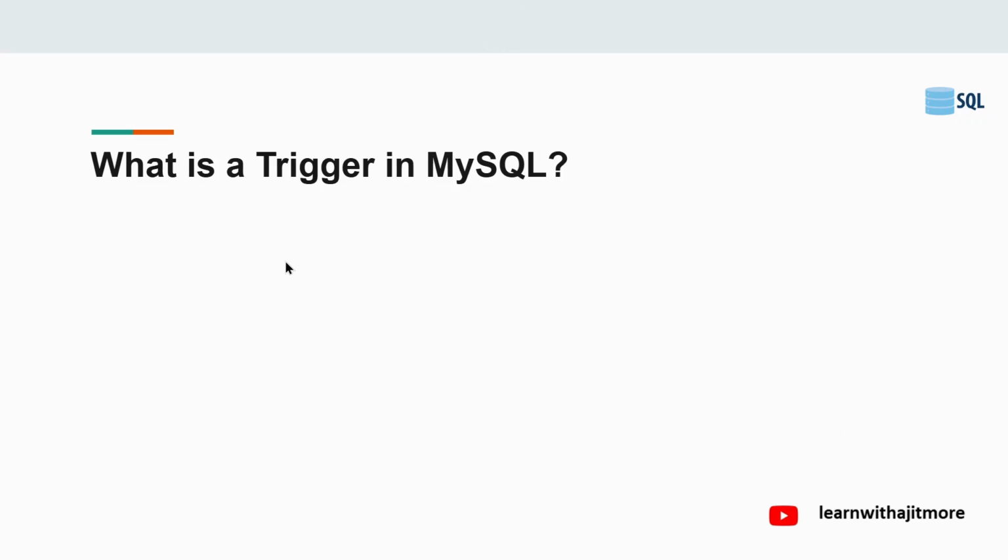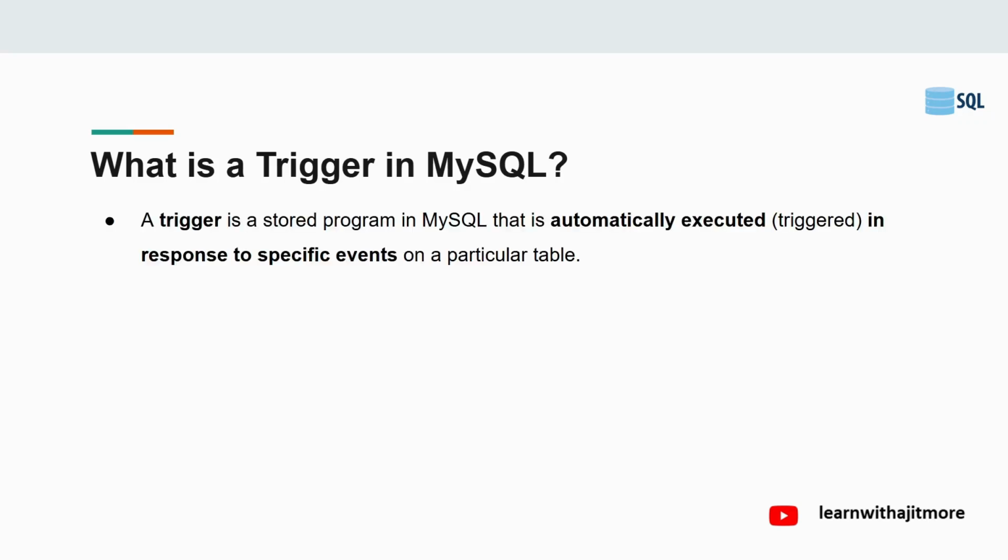So suppose you have written a trigger for insert. So whenever you perform insert on that table, automatically the trigger will get executed. So what is the syntax, and what limitations triggers have, all those things we will discuss. Okay, so a trigger is a stored program like stored procedures, stored functions.